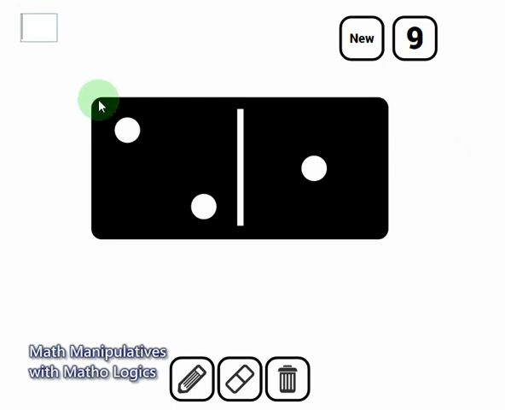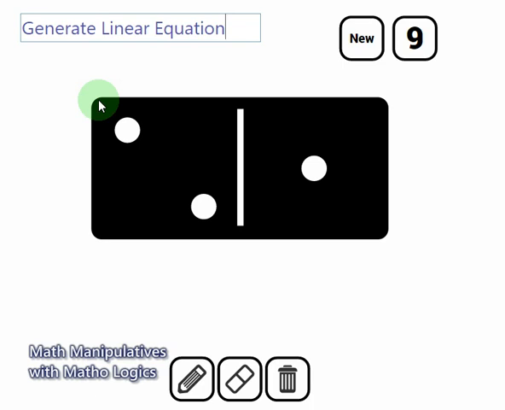Okay, so we are aiming to generate linear equations by using this digital domino.